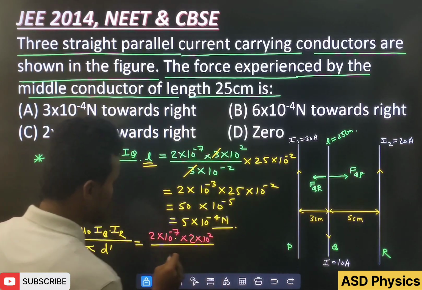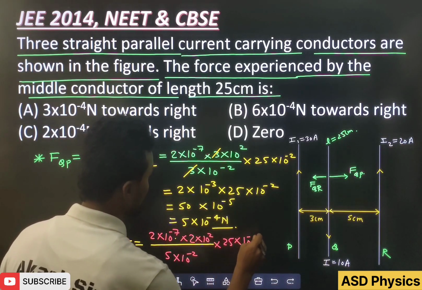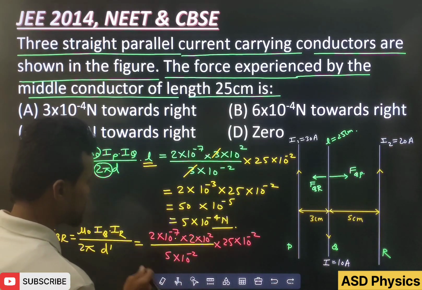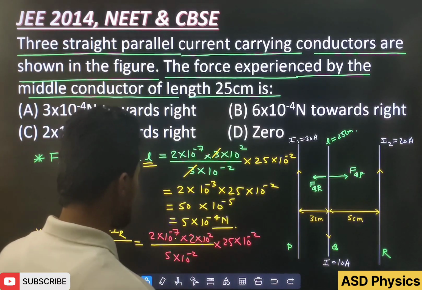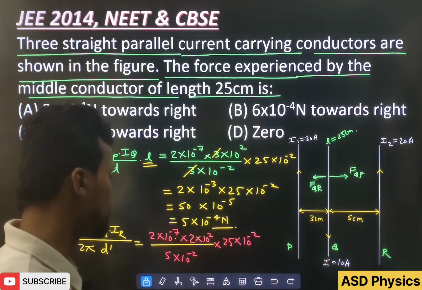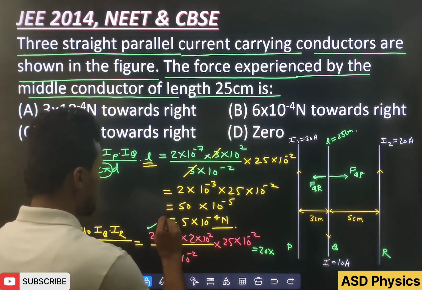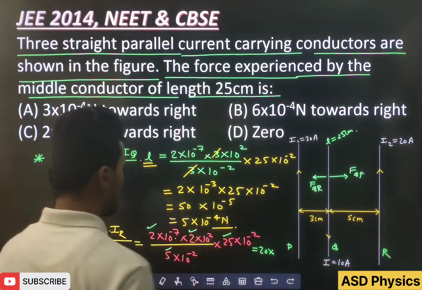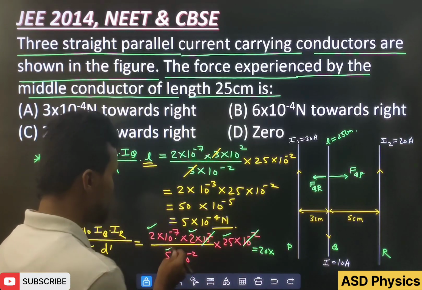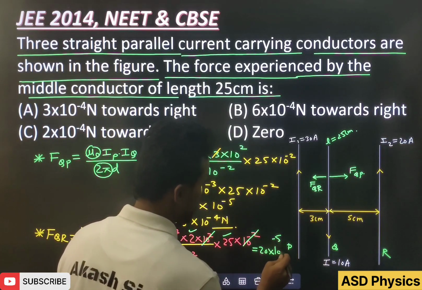The distance between the wires is 5 centimeters, so 5 into 10 to the power minus 2, and the length of the wire is 25 into 10 to the power minus 2. Now we will simplify this. 2 into 2, 4, 25 into 4, 100 by 5, that is 20. Powers: 10 power 2 and 10 power minus 2 cancel, so 10 power minus 7, minus 2 going up, it becomes 10 to the power minus 5 Newton.